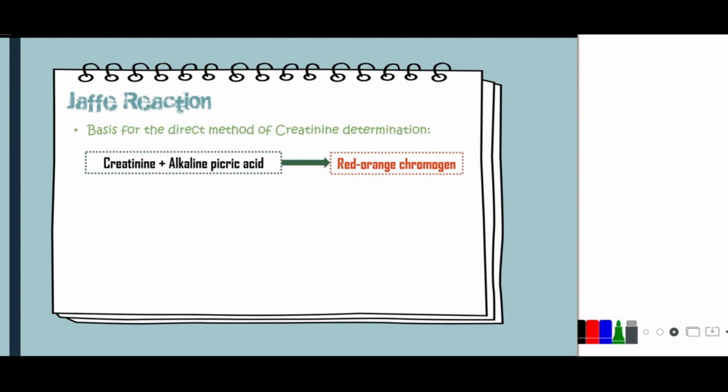However, there were interferences that would cause falsely elevated creatinine. Why? Because your picric acid here is non-specific for creatinine, which means to say, in the presence of other substances, picric acid could react with these other substances, and that would lead to erroneous results for creatinine determination. So for example, we have here these substances which result in positive interferences, meaning they lead to falsely elevated creatinine levels.